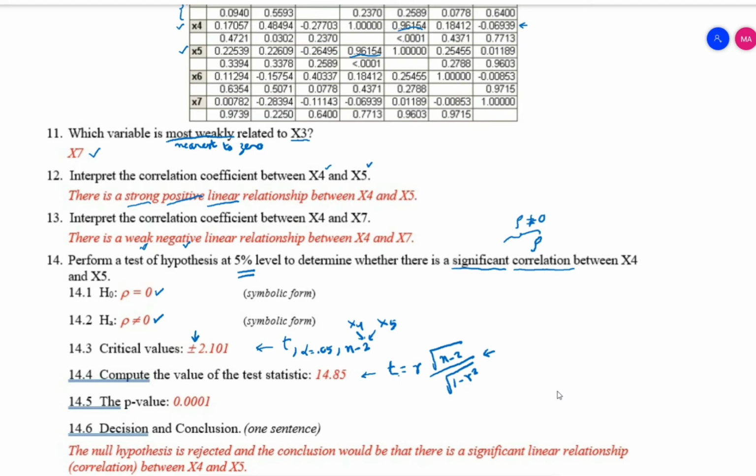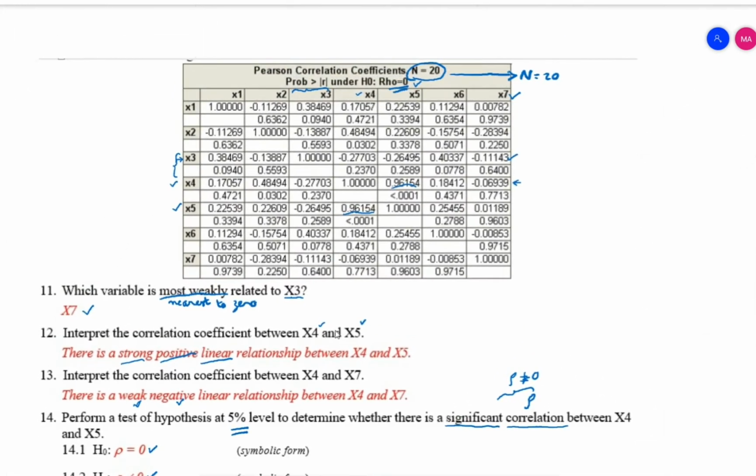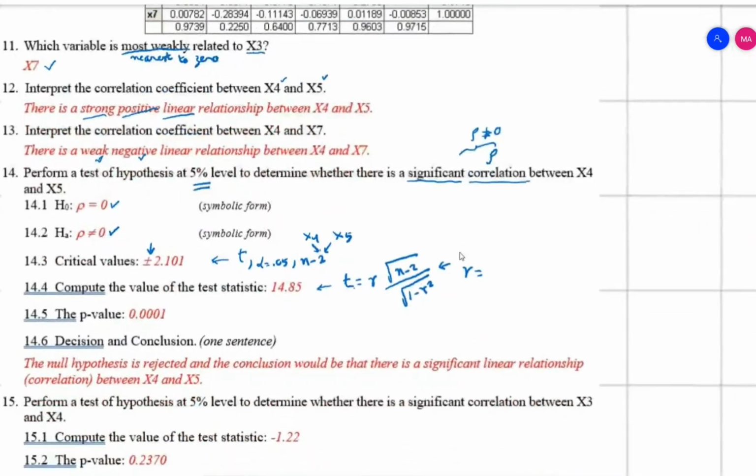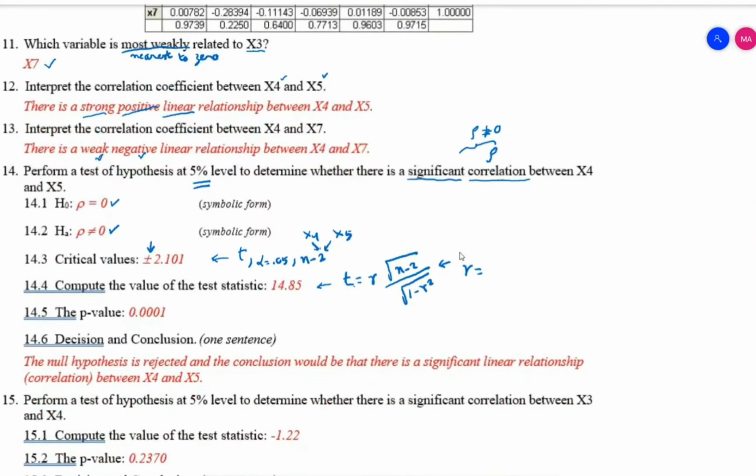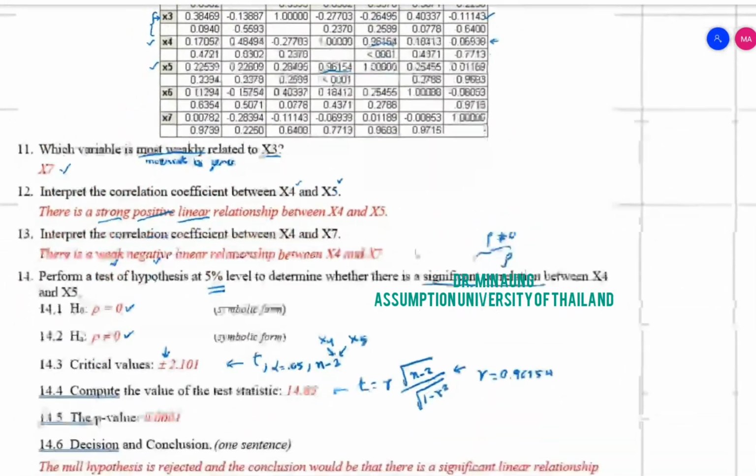H4 and H5, row H4, column H5, 0.96154. Okay, correct.